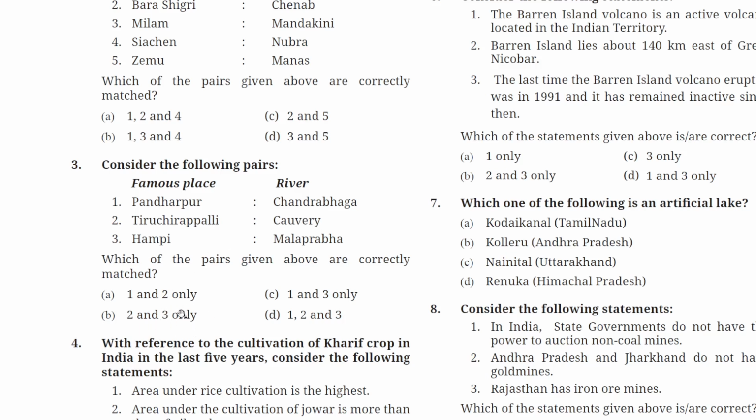Then you have to eliminate one more, Pandharpur or Hampi. Pandharpur is a well-known pilgrimage town on the banks of the Chandrabhaga river. Yes, and Hampi is on the banks of the Tungabhadra, not the Malaprabha. So option 3 is eliminated. So that leaves option A, 1 and 2 only.